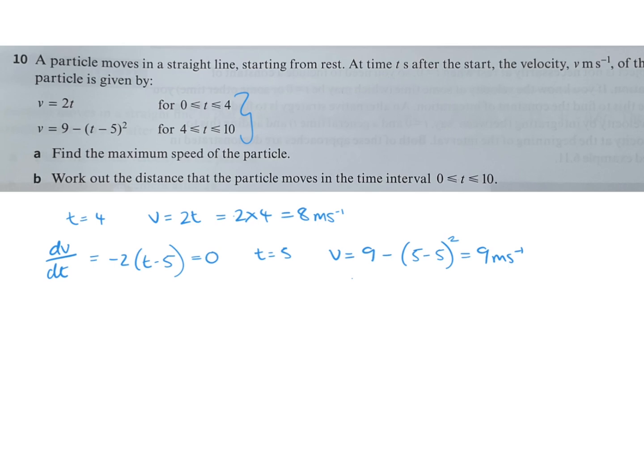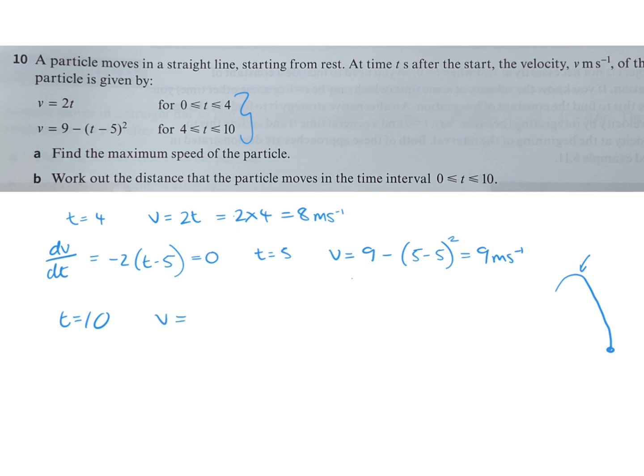Now, because this is a negative quadratic, we've got this sort of shape like this, and we've just found the maximum point. But potentially, we could have a negative velocity at the end here that actually has a bigger magnitude than 9 meters per second. So we're going to have a look right at the end when t is equal to 10 and see what our velocity is at this point.